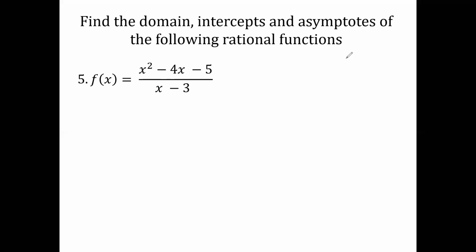Afterwards, checking the numerator and the denominator, you can look for the vertical asymptote by equating the denominator to 0 after all the common factors have been cancelled out. For the horizontal asymptote as well as the slant asymptote, compare the degree of the numerator and denominator.